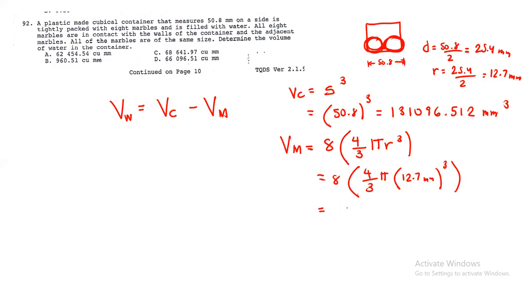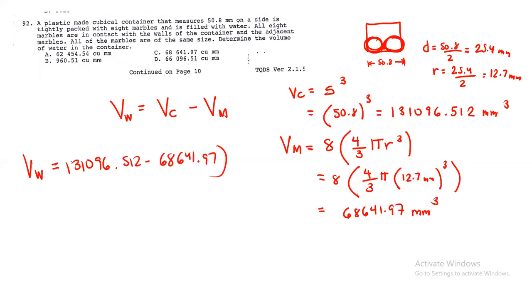So makuha natin dito is 68,641.97 mm cube. So volume ng water is equals to volume ng cube, 131096.512 minus 68,641.97 mm raised to 3. So ilan to?